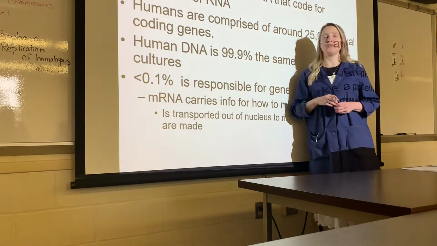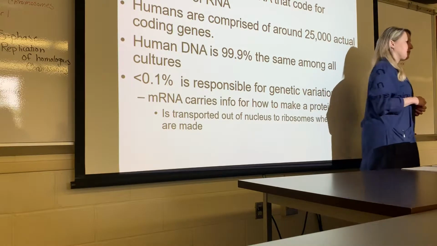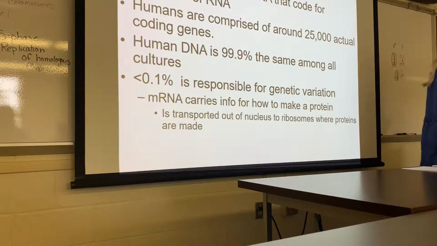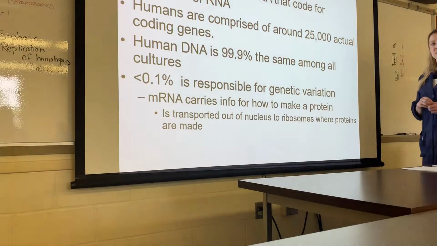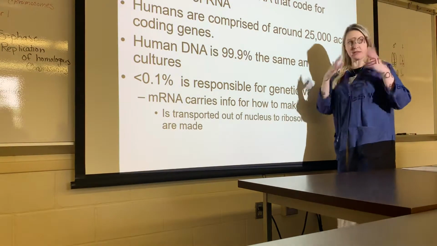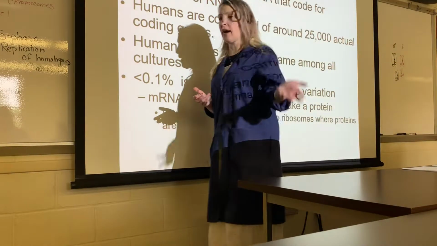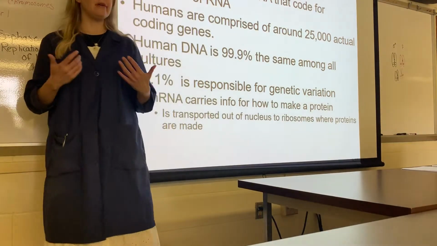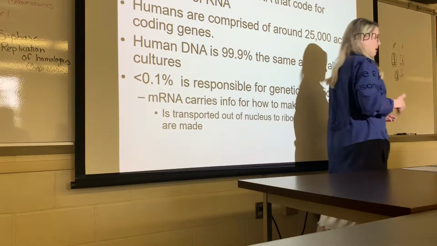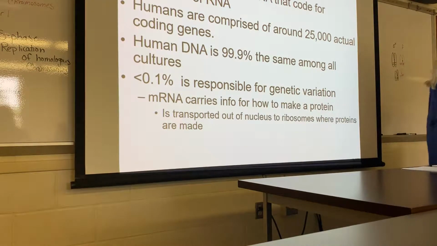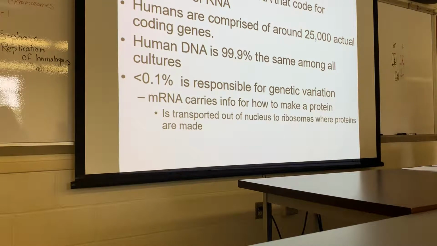Here, this is very interesting. Human DNA, being that humans are all the same species, we are 99.9% genetically identical. That's why all humans have the same things on their face: a nose, 2 eyes, a mouth, hair, 2 ears. The body plan is pretty similar, although sometimes people have a heart on the opposite side or something like that.